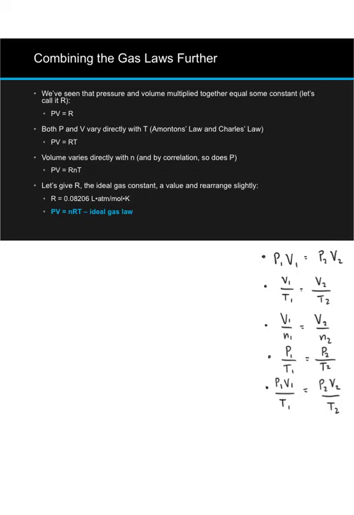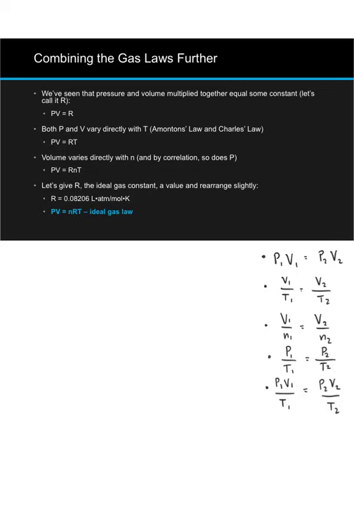So we can combine these gas variables once, yes, but what about a second combination? What if we wanted to relate all 4 of our gas parameters of pressure, volume, temperature, and number of moles to each other? In so doing, we can take advantage of these 5 gas laws. We know, for instance, that from Boyle's law, pressure times volume is a constant.